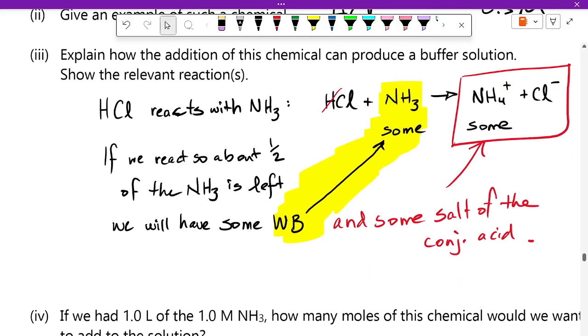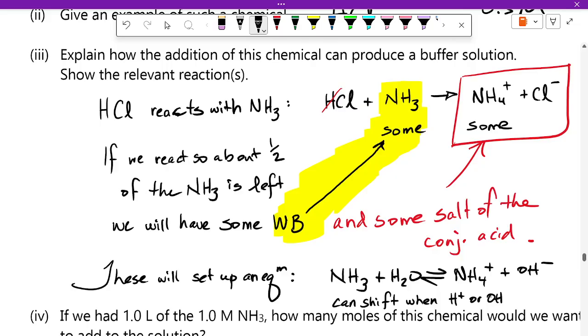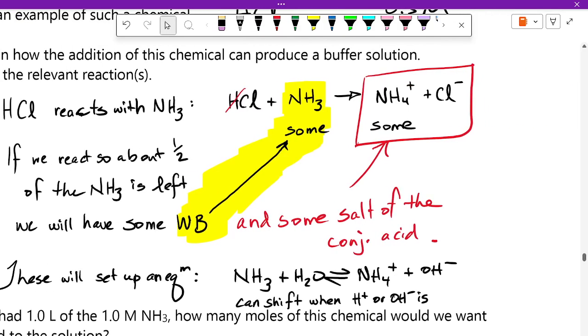And then these two will set up an equilibrium, and that can shift when H+ or OH- is added.